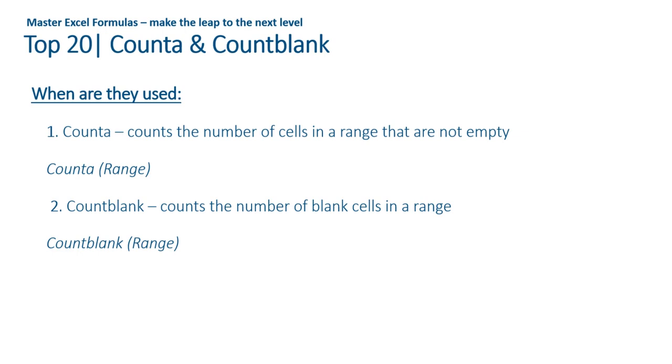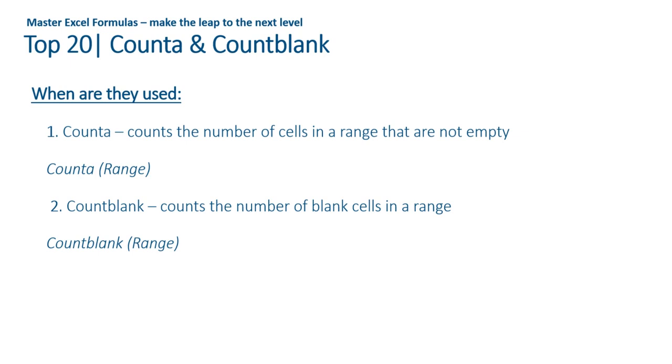So the first set of formulas have to do with the count group of formulas. However, these two formulas are slightly different compared to what we went through in the first part of the course.